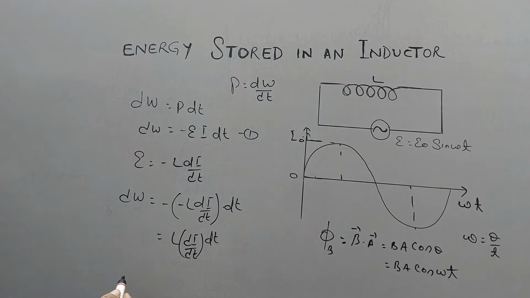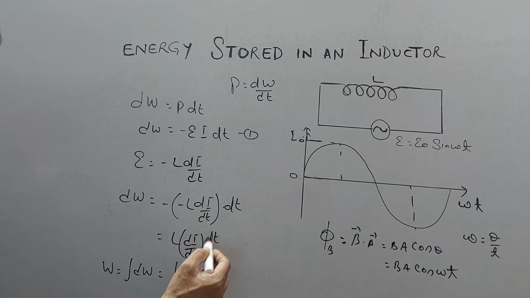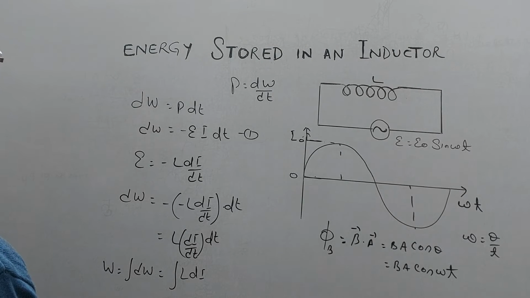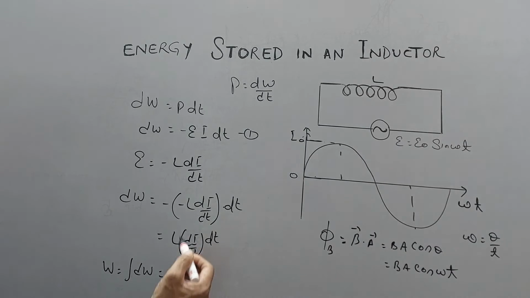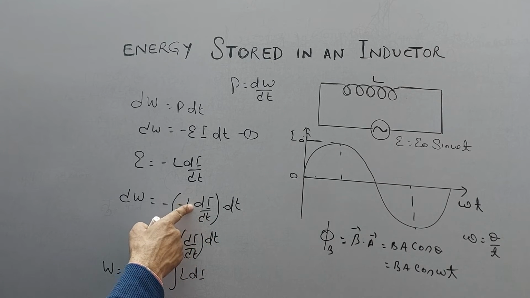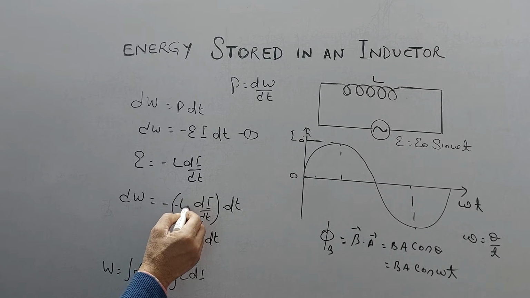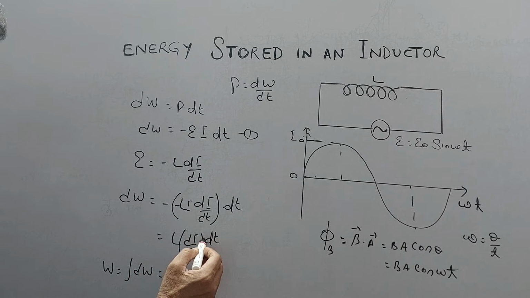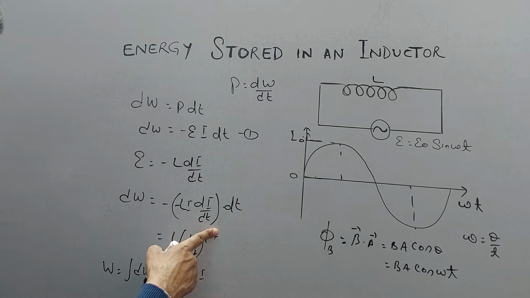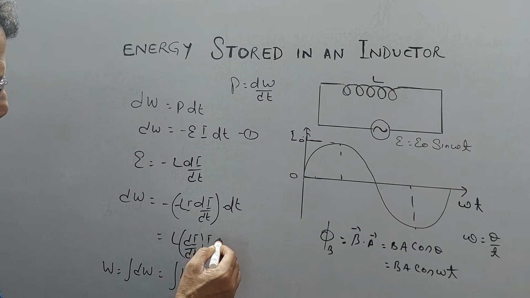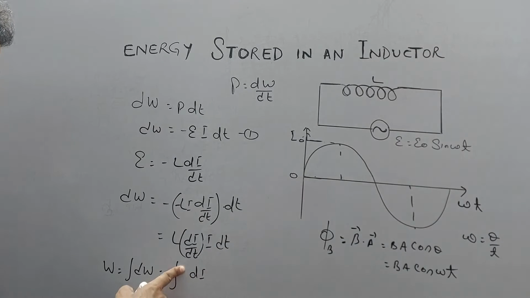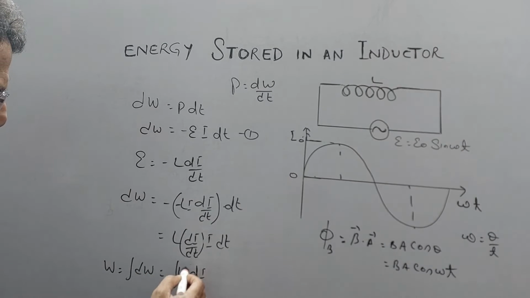If I integrate this with respect to time, the dt cancels out, and we get the work done dW equals L I dI.